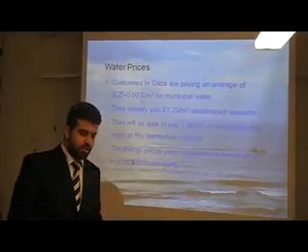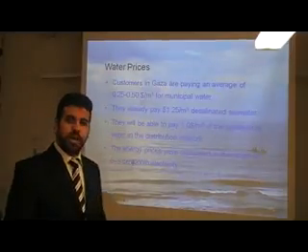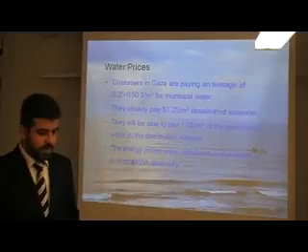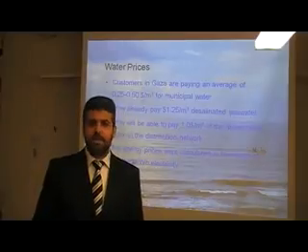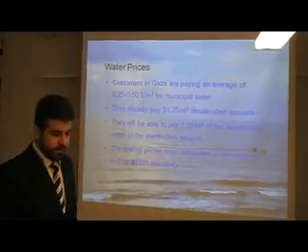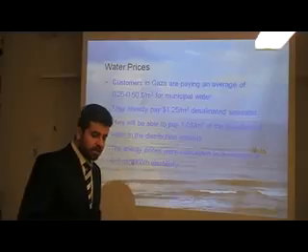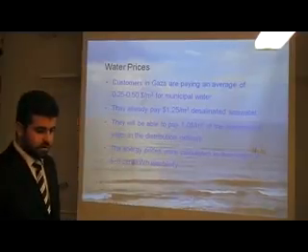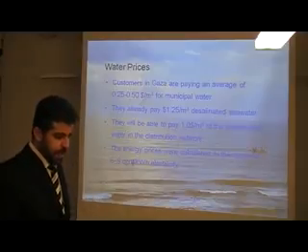Water price: customers in Gaza are paying an average of 0.25 to 0.5 US dollar per cubic meter for municipal water. They already pay 1.25 US dollar per cubic meter of desalinated water.